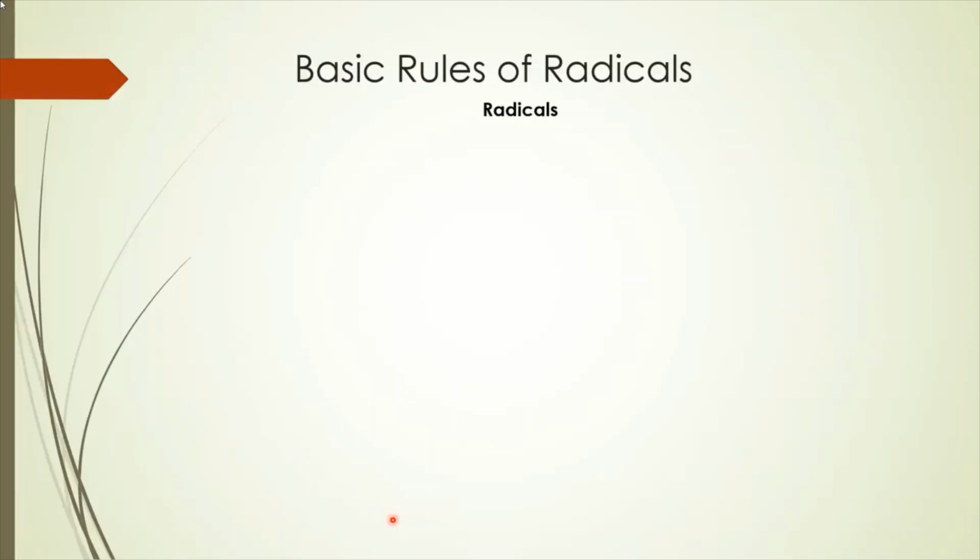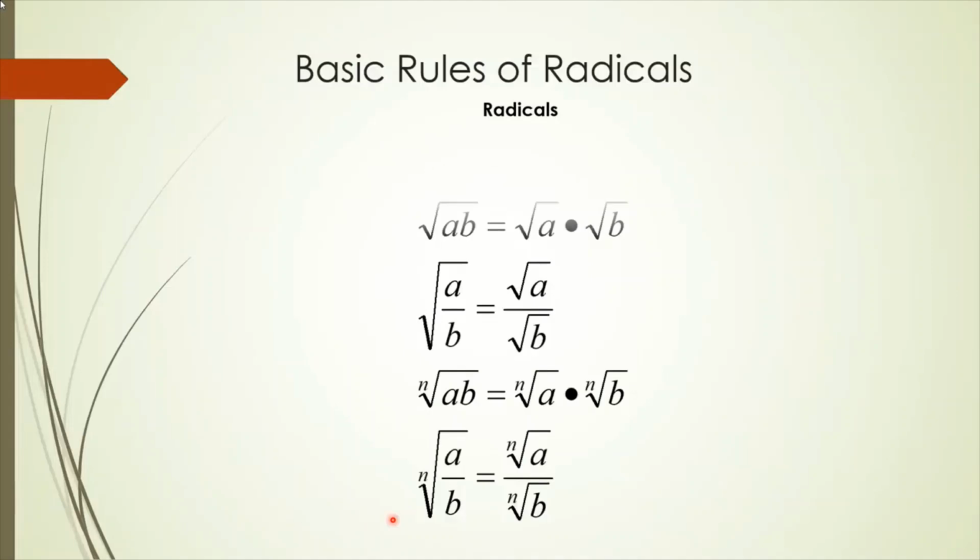Alright, so with these rules, they're going to look more like the quotient rule and the product rule to exponents. So we looked at this one before. This is with the assumption that the variable is any sign, so either positive or negative.